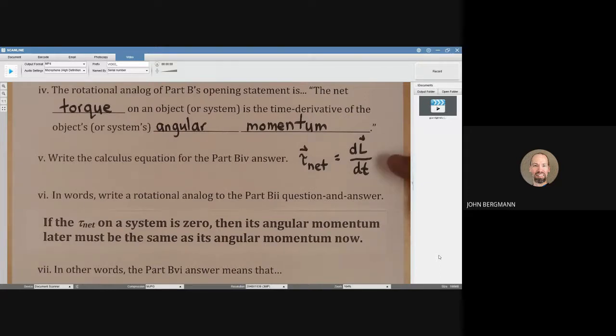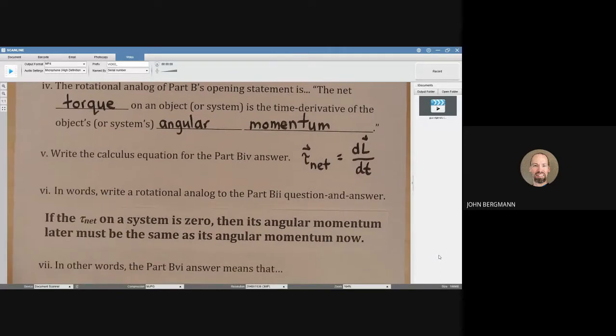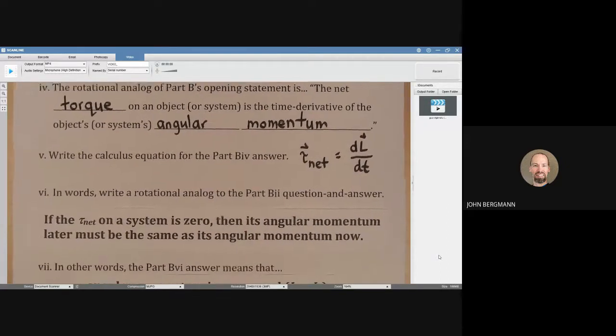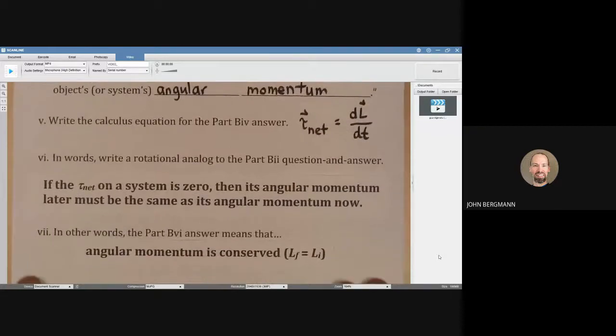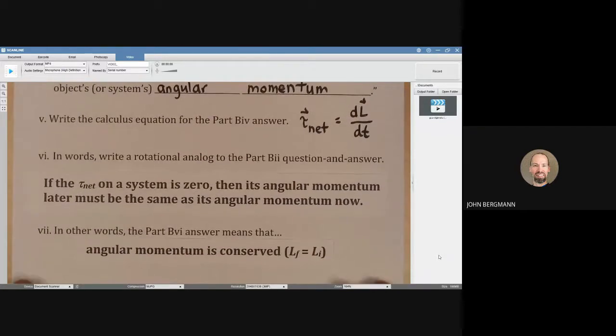That's what this equation on the right side of the screen says. If the net torque is 0, that means that the angular momentum is not changing, and if the angular momentum is not changing, another word is conserved. Angular momentum is conserved whenever the net torque is 0.